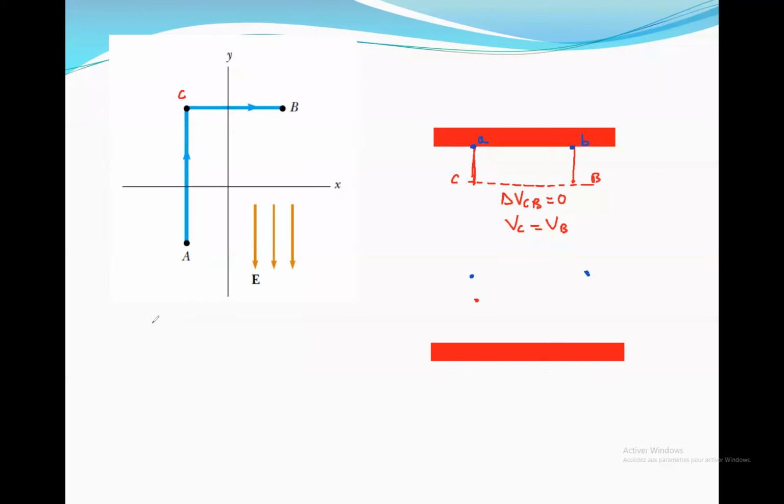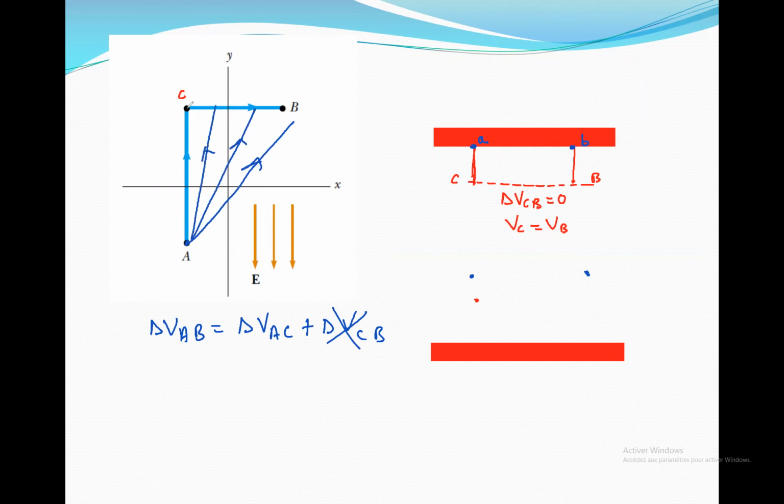So we can say delta V AB equals delta V AC plus delta V CB, and this one equals 0. So we can come from here to here, or here to here, or here to here. All these points have the same electric potential because they are at the same level with respect to the plate.